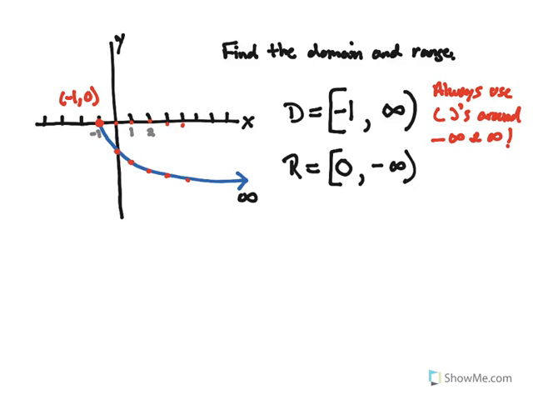So another example is, let's say you had this. And this is your x, this is your y. And let's say the graph looks like this. So we're going to do tick marks here: 1, 2, 3, 4. So we'll call that 2. And then these go up every 2.